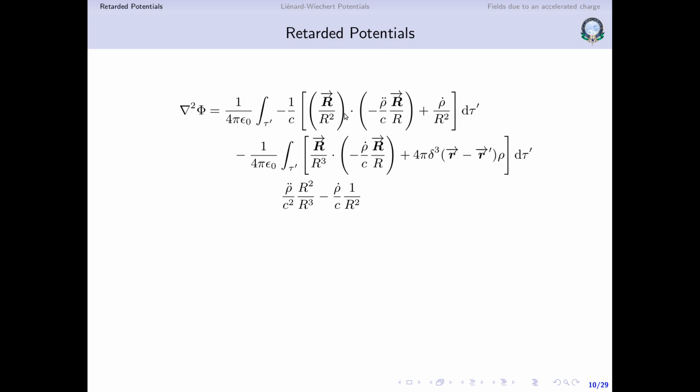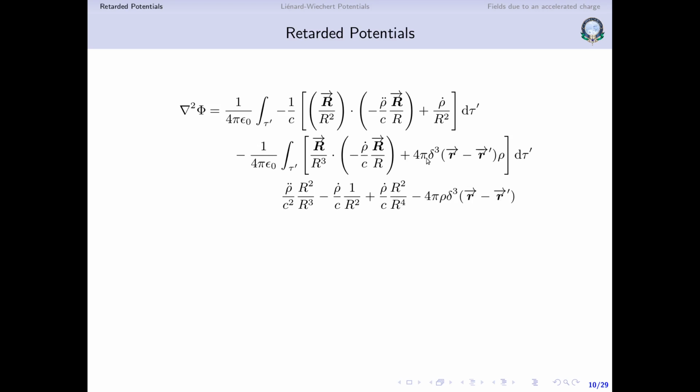Then we multiply the 1 by c here, so minus and minus will give a plus, so 1 by c square. Again minus 1 by c goes over here, so we will have minus rho dot by c, 1 by r square over here. Then in this expression we again have r dot r, which gives r square, and in the denominator we have r cube into r, so r to the power 4. Minus and minus give a plus, rho dot by c, r square by r to the power 4.